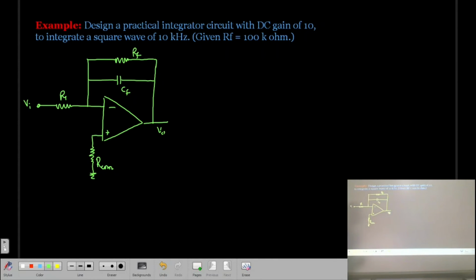Now remember, this is a practical integrator circuit. Now we have to find out what should be the value of R1, RF and CF so that you can integrate the square wave of 10 kilohertz.